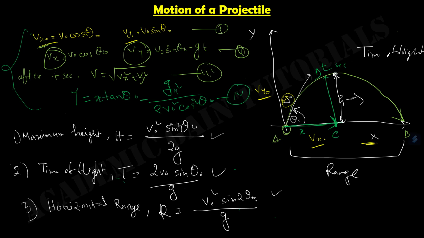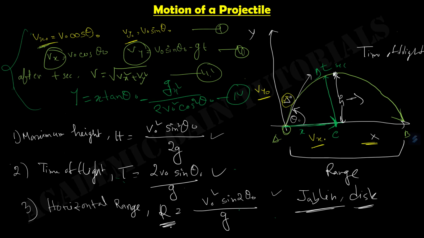For horizontal range there is one more thing. When a javelin is thrown by a javelin thrower, or a disc is thrown in the Olympic games, here is a technicality we have to follow.